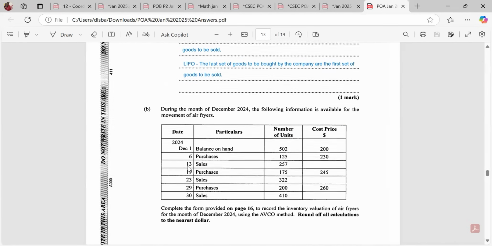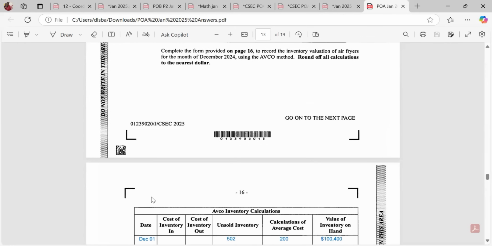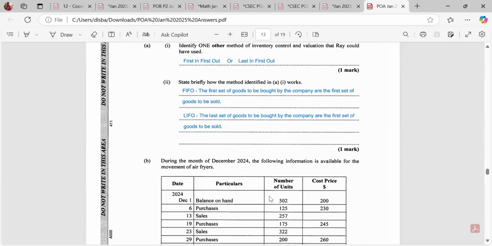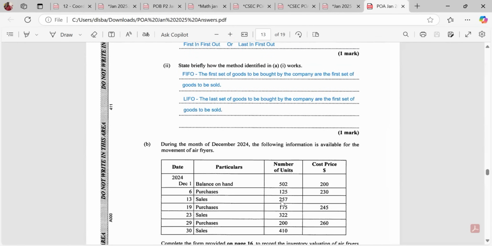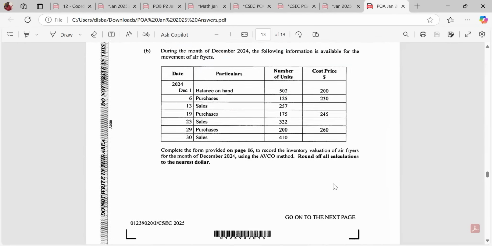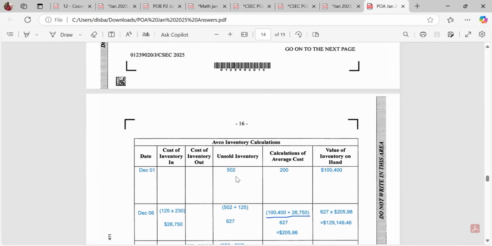So we started off on December the 1st with 502 units that were unsold at a cost of $200 each. So 502 units, the average cost was $200. So the total value of the inventory would have been 502 multiplied by 200, right?